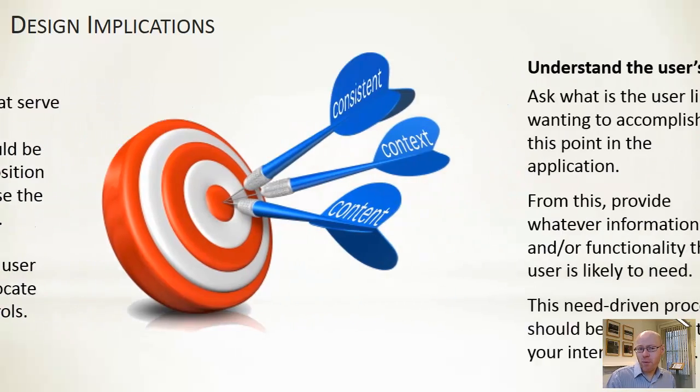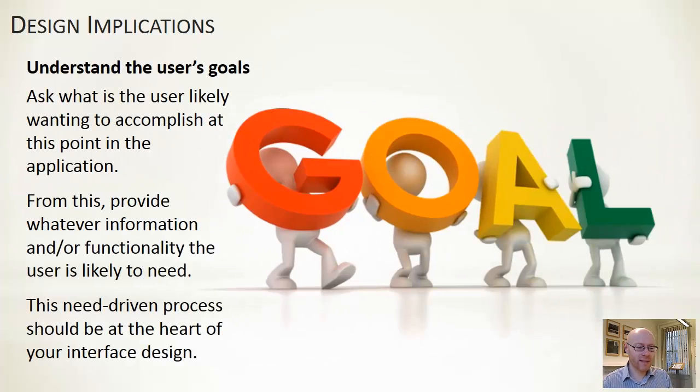This is probably the most important thing, and this is a general design principle that really helps us in terms of being able to perceive information, but it underpins the essence as to why we should develop things, or how we should develop things, in the first place. It's all about understanding the user's goals. Why is the user using your app? Why is the user at this particular screen?